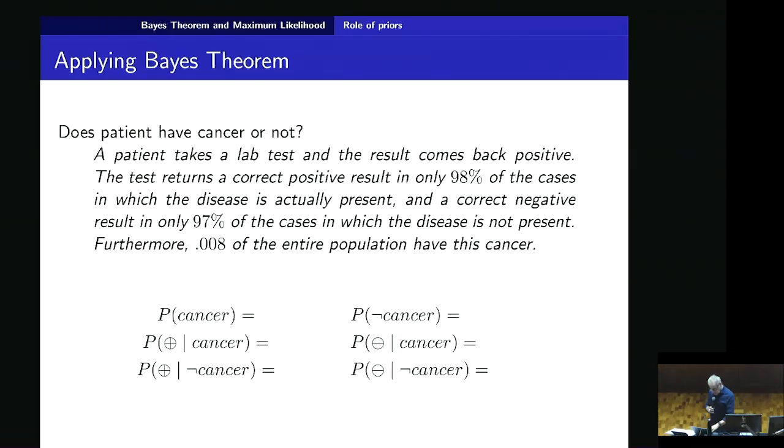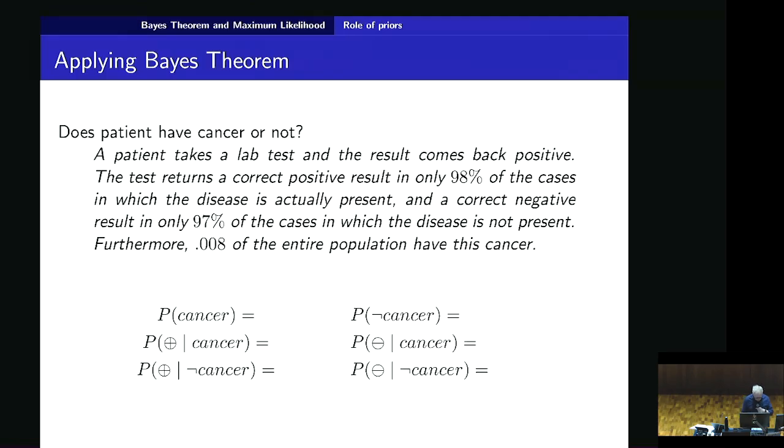Now, when we want to do classification, we can apply Bayes' theorem, but there's a further step. I have this example. I think most people have seen this kind of example. If you've done AI, you'll have seen it, so I'll go through it very quickly. It's all about the effect of the prior.